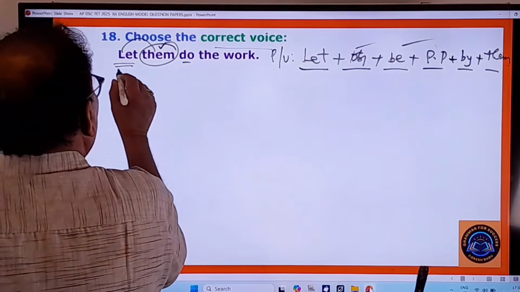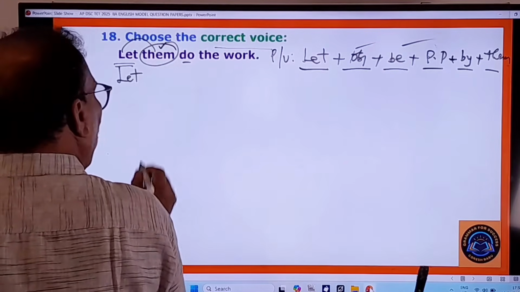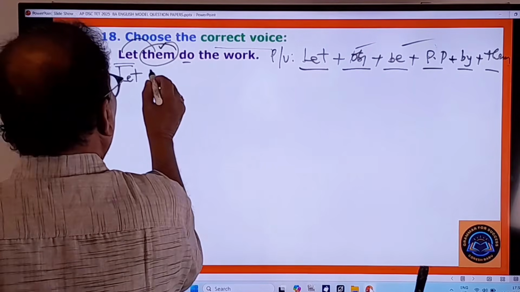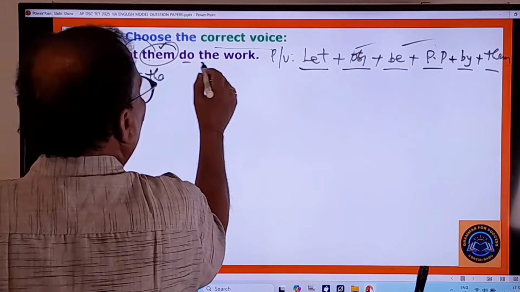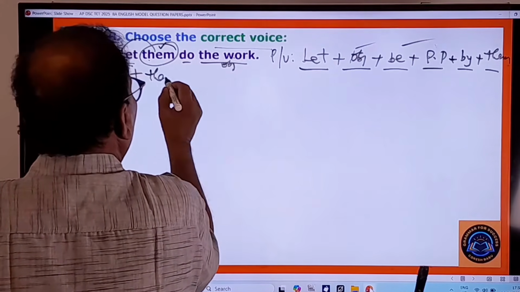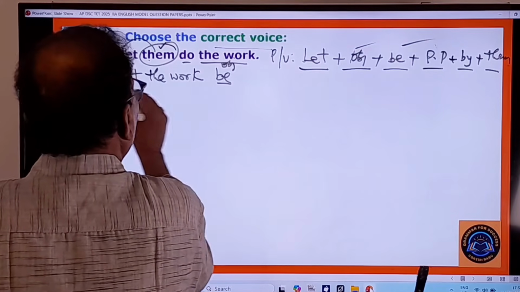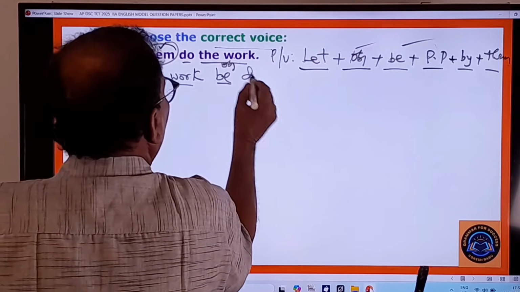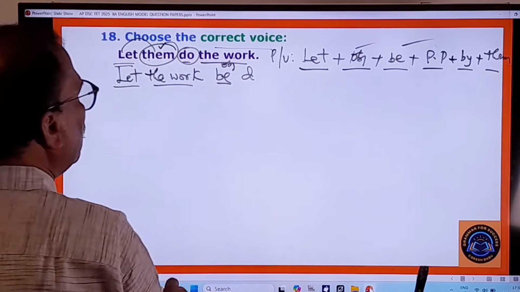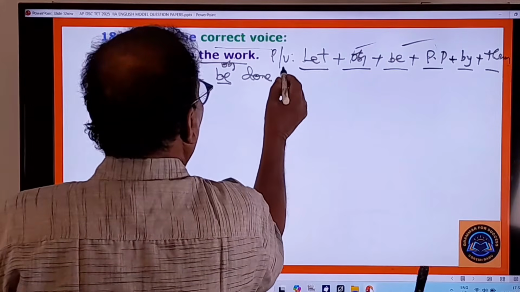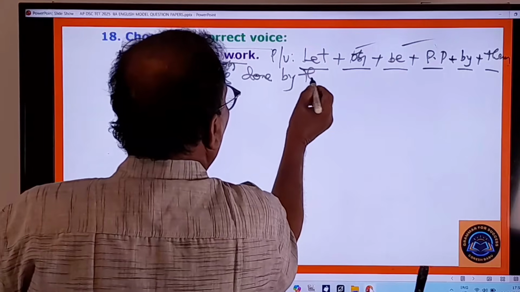Now let us change it into the passive voice. Let them do what? The work. This is the object. So let the work, and then be done. The PP of do is done, by them.